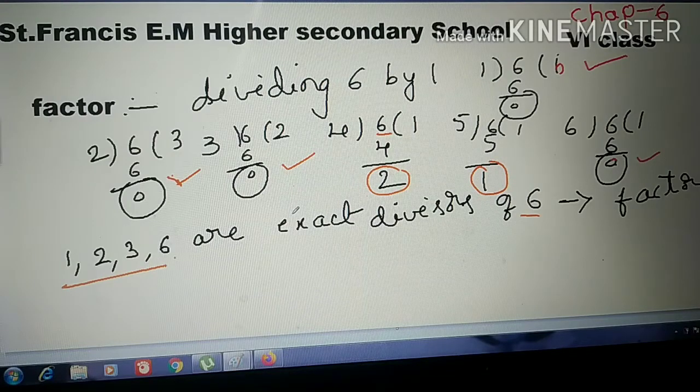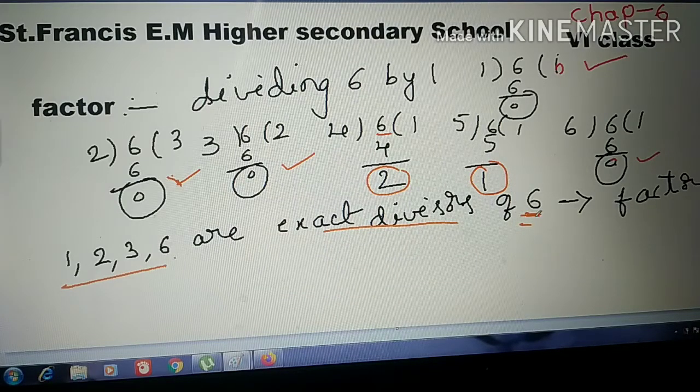So what can we say from this? A factor of a number is an exact divisor of that number. So a number is a multiple of its factors also.